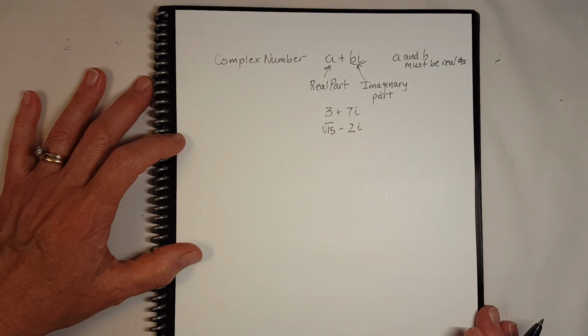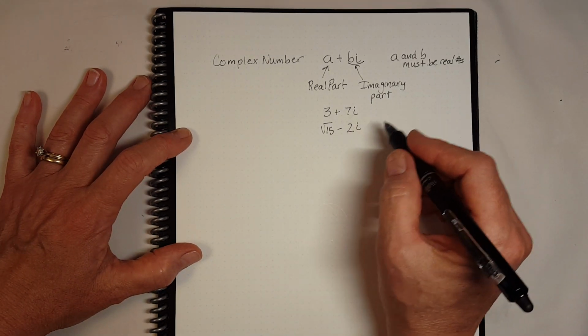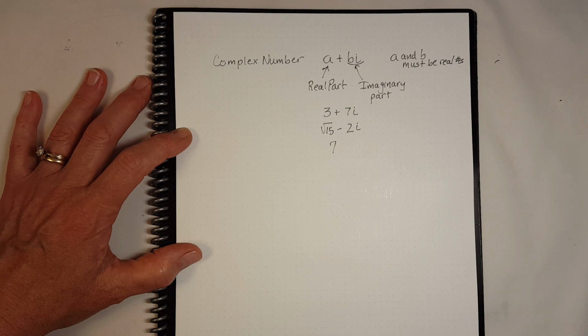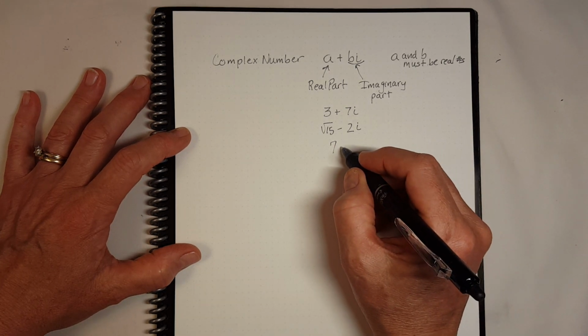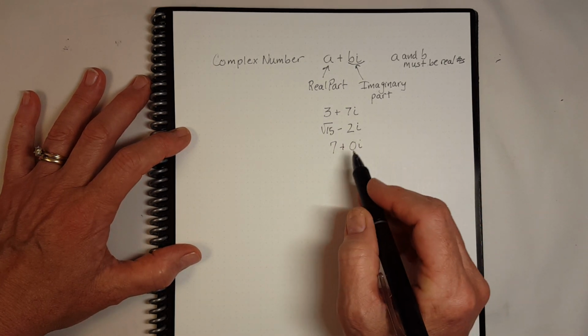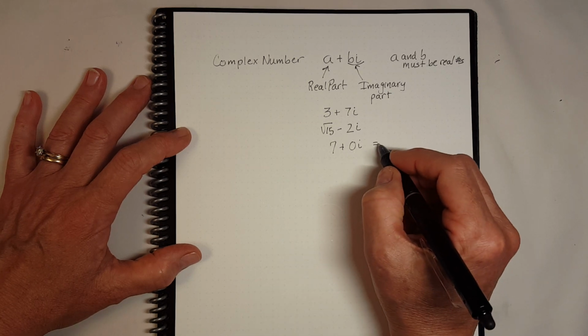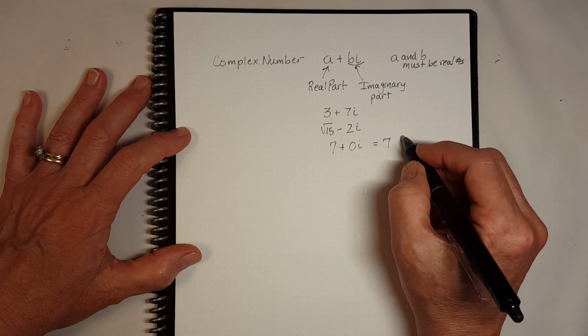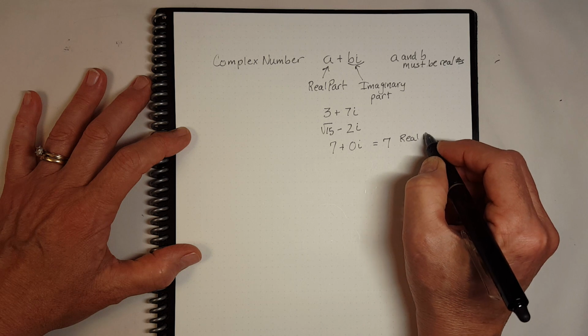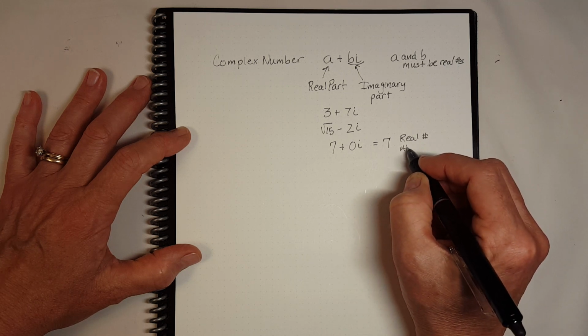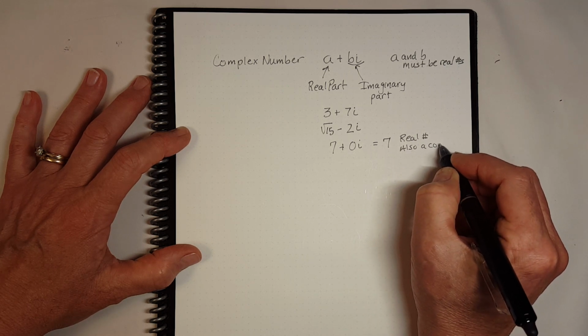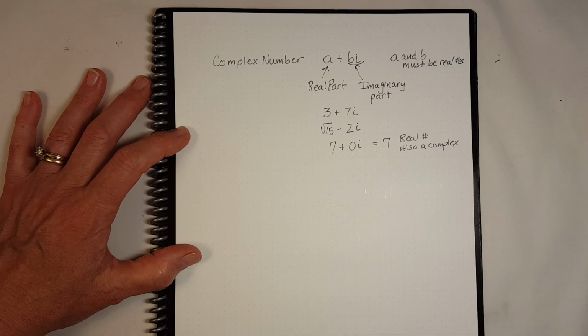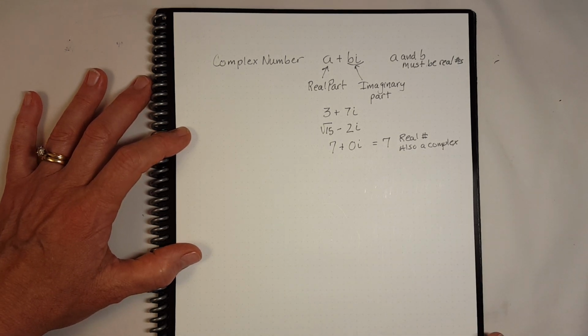Those are complex numbers, but so is 7. 7 is a complex number because 7 is the same as 7 plus 0i, and 0 is a real number. So even though 7 is a real number, it is also a complex number, because real numbers are part of the complex number system.